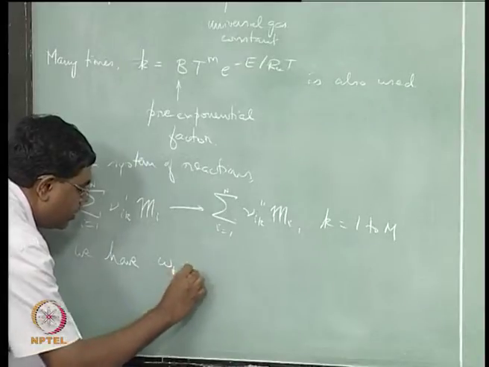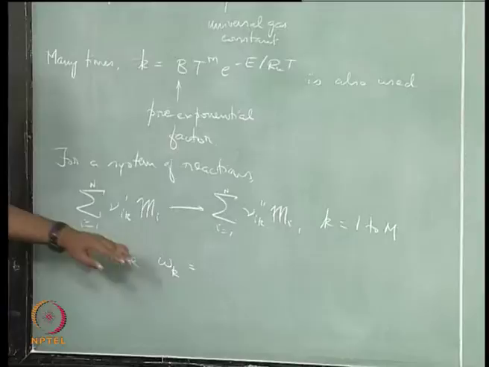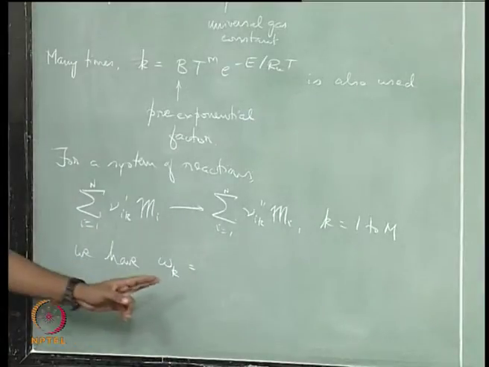So we have for a system of reactions notated by this, omega_k. We now have the common quantity, the reaction rate, now specific for the kth reaction.